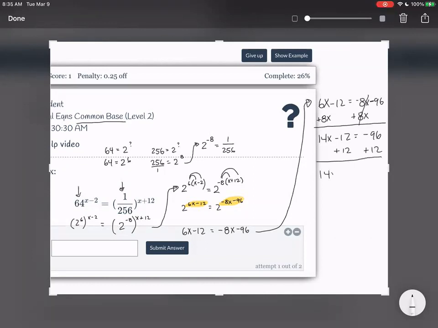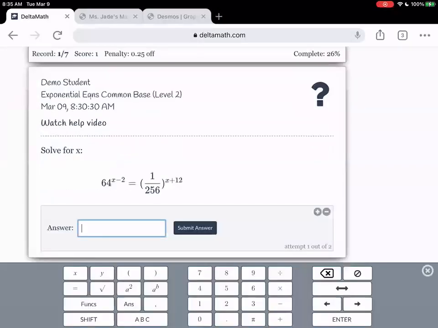We get 14x, cancels out, is equal to negative 84. Then divide by 14, divide by 14, cancels out, x is equal to negative 6. All right, so our final answer is negative 6. So let's go ahead and enter this in.